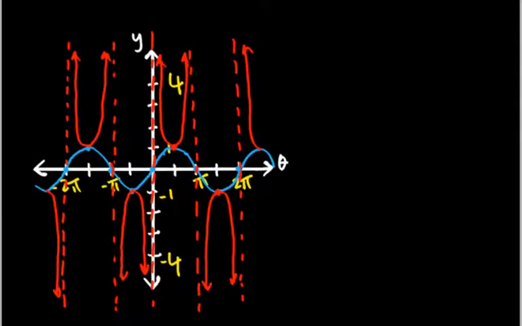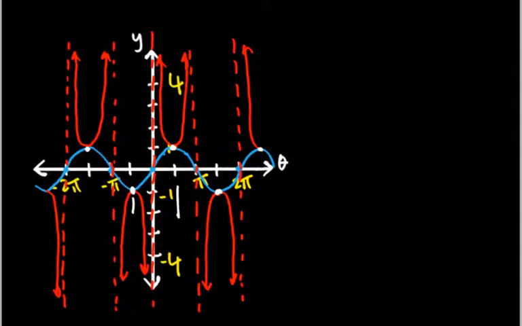The range restrictions for sine inverse: we need to be able to get from negative 1 to 1, so between negative 1 and 1. We need to find angles so that the result is also going to be a function. So what we want to do is go from negative pi over 2 to pi over 2.